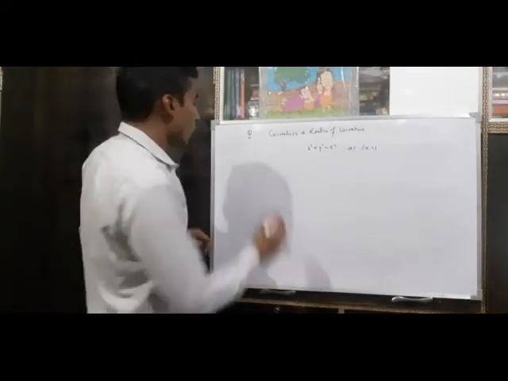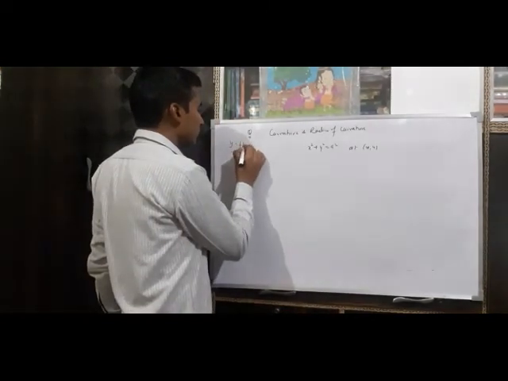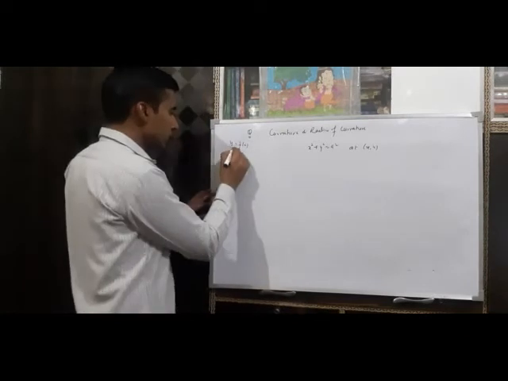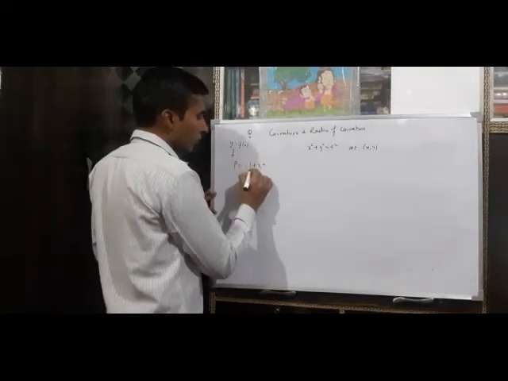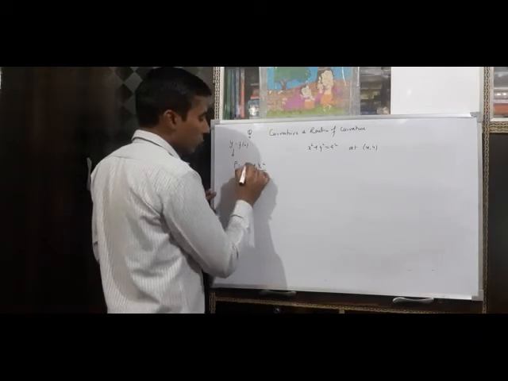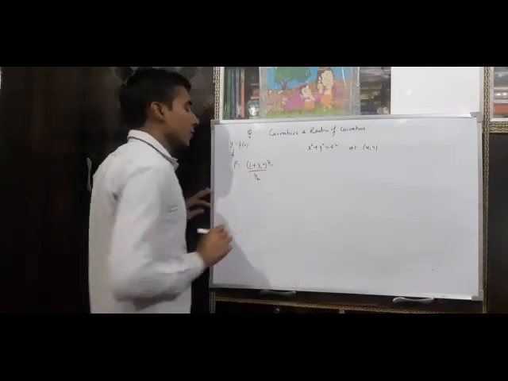This is a curve of type y equal to f(x), and as we know in this case the radius of curvature is (1 plus y1 square) raised to power 3 by 2, upon y2.